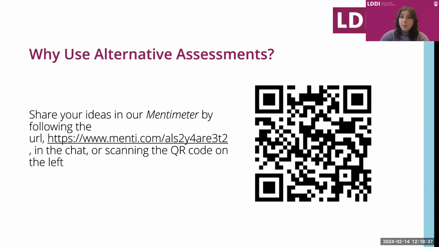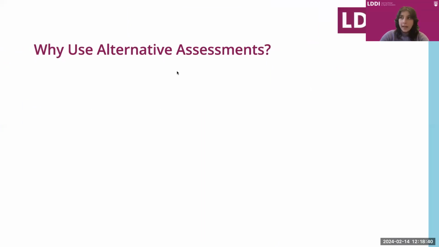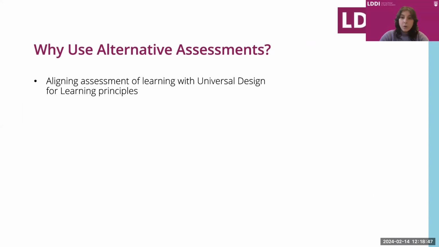So I'm going to be jumping into why it's worth using alternative assessments, and I'm breaking it down into three main areas. The first one is universal design for learning, which Kalisa did bring up. In thinking about assessment, we are thinking about how using alternative assessment styles can better align with the universal design for learning principles that we're trying to engage with in our course design work.